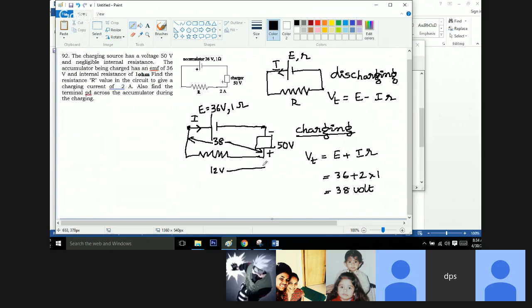Out of 50, 38 volt is appearing across that chargeable cell. The remaining, because they are in series, the remaining 12 volts should appear across this, and this is the value of R. It is supporting a current of 2 ampere, as was given. According to Ohm's law, V is equal to IR. The 12 volts should be 2 into R. It implies that the value of R should be 6 ohm.